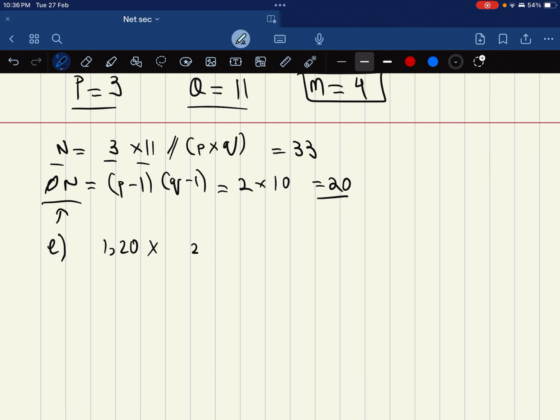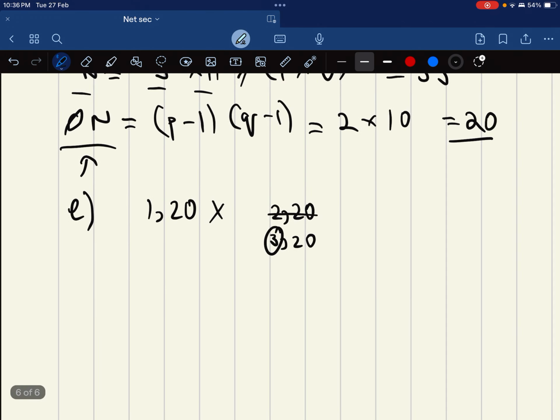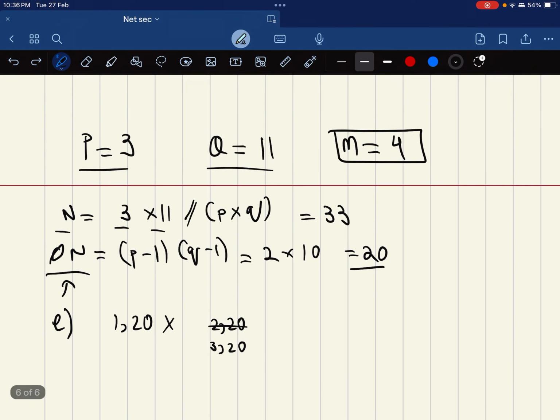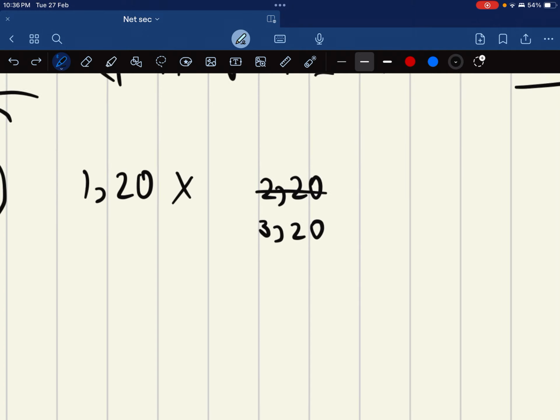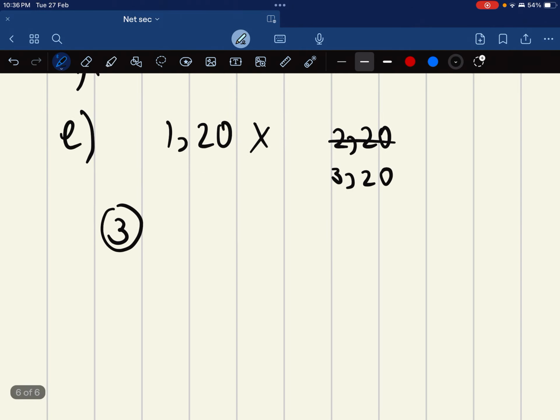So we can choose 2 to 20, 3 to 20. 2 is eliminated, we cannot use 2 with 20 anyway. 3 with 20 is a possible match. I will use 3 because it's coprime with 20. Although I think you shouldn't use it because your original prime number is 3, it doesn't really matter that much. So you would use 3 as your E.